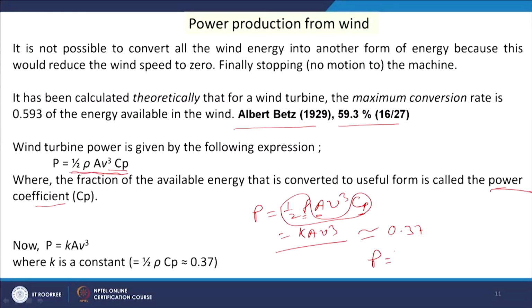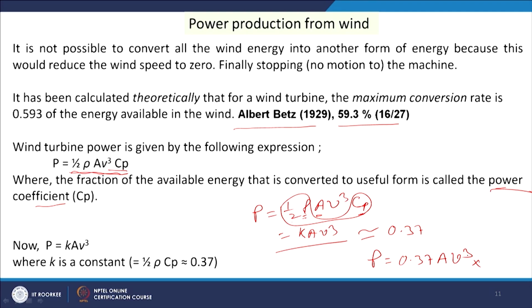So, what will our total power potential in terms of electricity be? That will be 0.37 into A into V cube into some efficiency factors. This is for the wind energy which will be available, then wind to mechanical conversion and mechanical to electrical conversion, and there will be transmission.